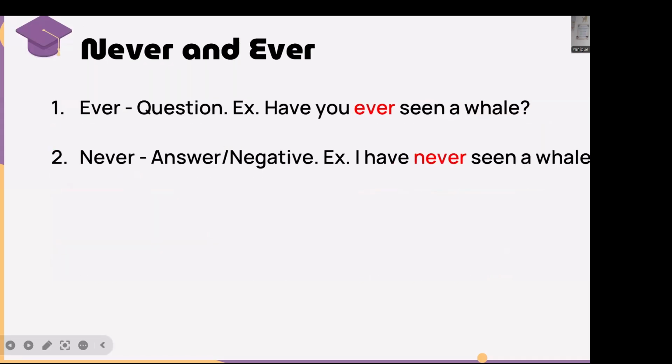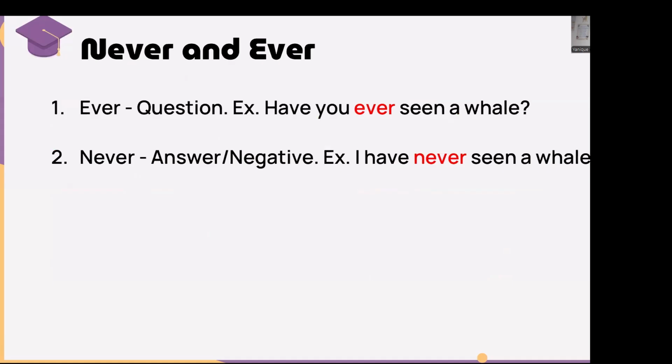There are two other words that we have to learn, which are ever and never. Ever we're going to use when we're asking a question, and never when we're answering in the negative form. For example, with ever, have you ever seen a whale? Have you ever seen a whale? So ever, okay, for questions.